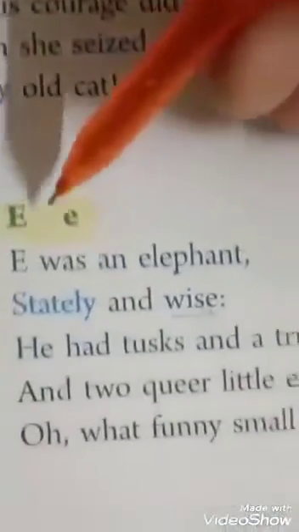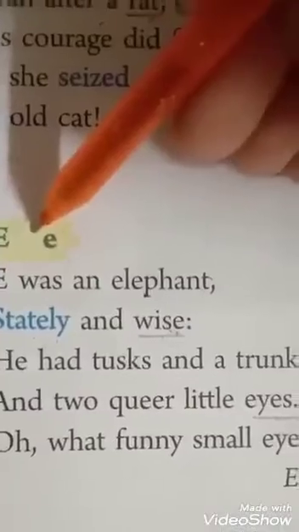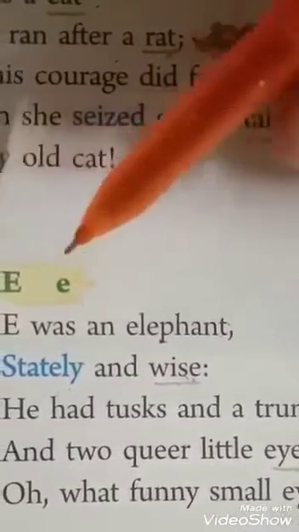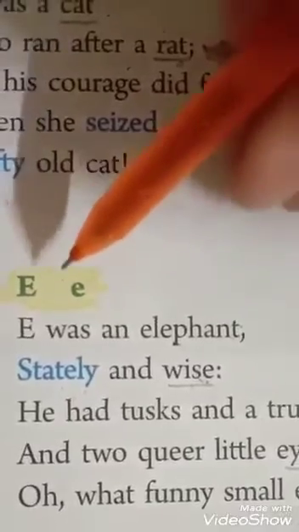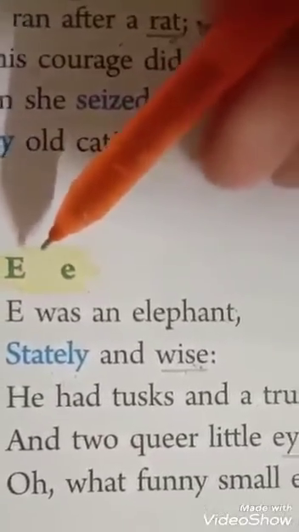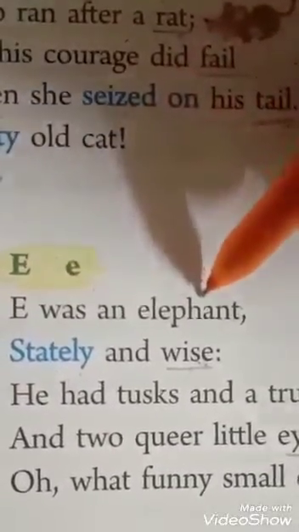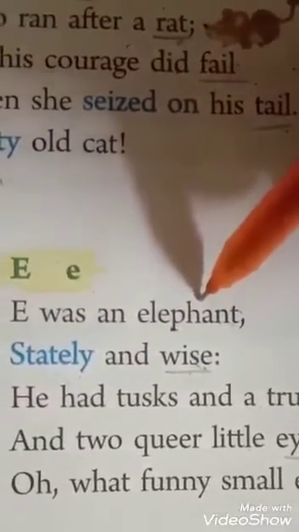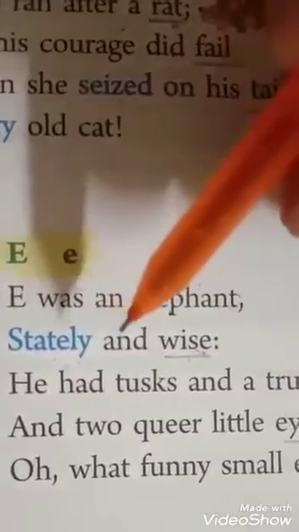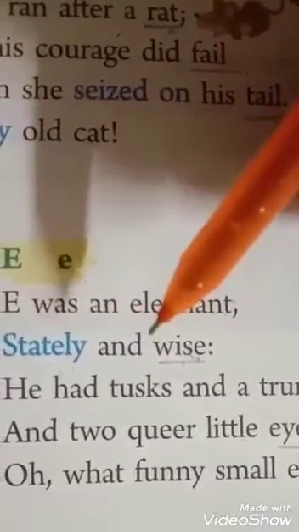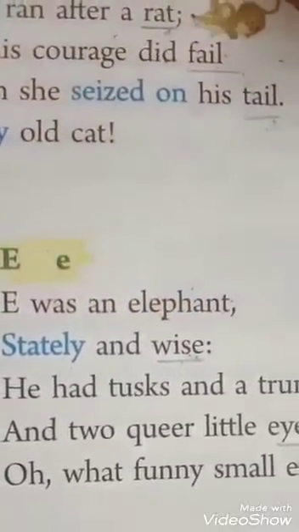Then we have the letter E. E for eagle, E for eraser, E for egg. But here the poet described E was an elephant. Here the poet tells us that an elephant is a huge and large animal.